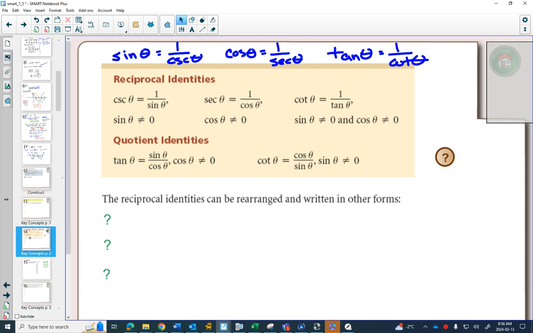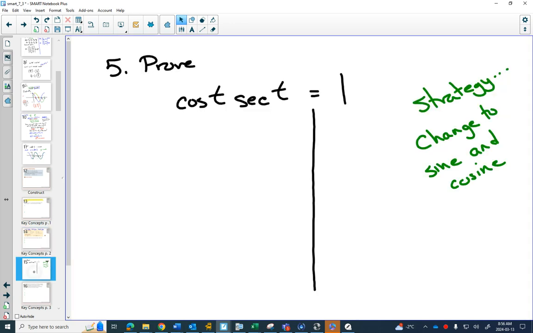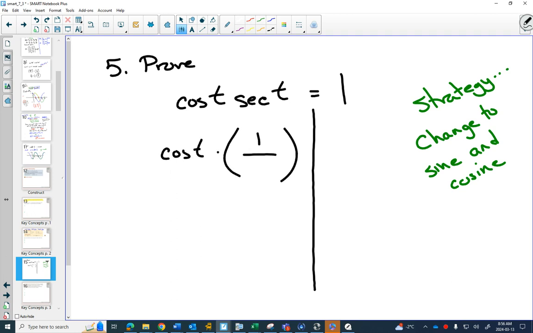So how does this strategy work in our first one? Well, the only one that isn't cos or sine is the secant. And so what I could do is say secant is equal to 1 over cos. And then our fraction work comes in.